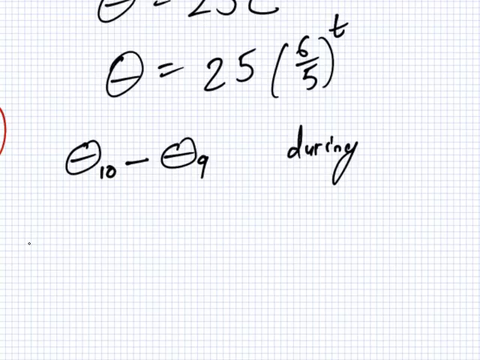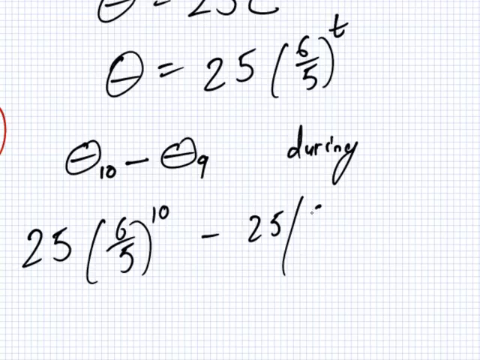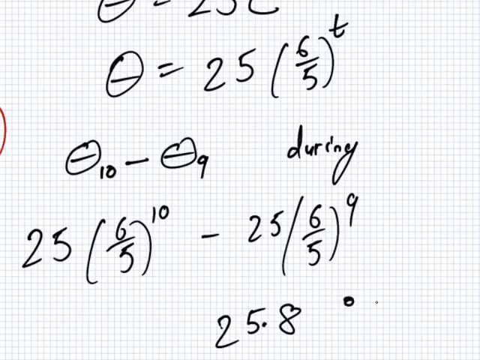Okay? 25 to the power of 6 over 5 times 10 minus 25 to the power of 6 over 5 times 9. And the answer is 25.8 Celsius.